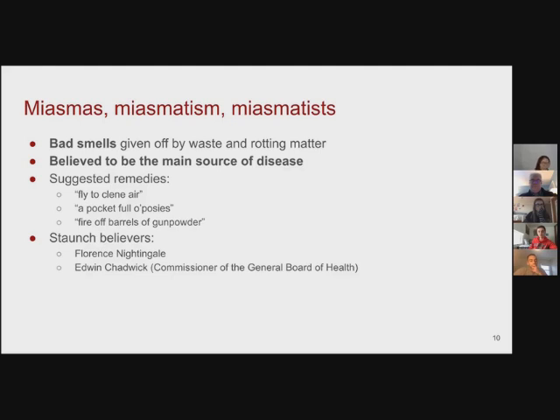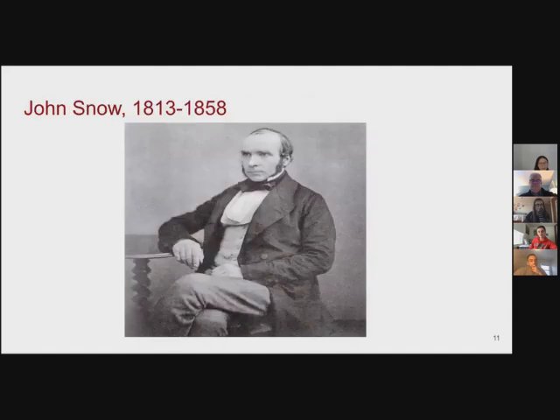And people were suggesting, just go to cleaner air and try to stay as clean as you can. They really thought it was the smell. However, there was this person called John Snow, who made a great discovery, and we're going to walk through how he went from association to causation, and was eventually able to figure out what was causing the cholera, okay?